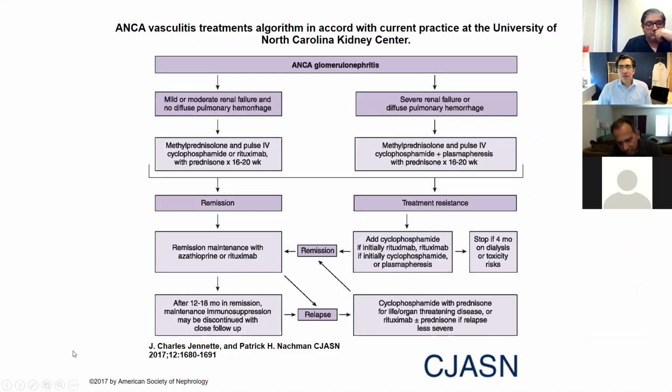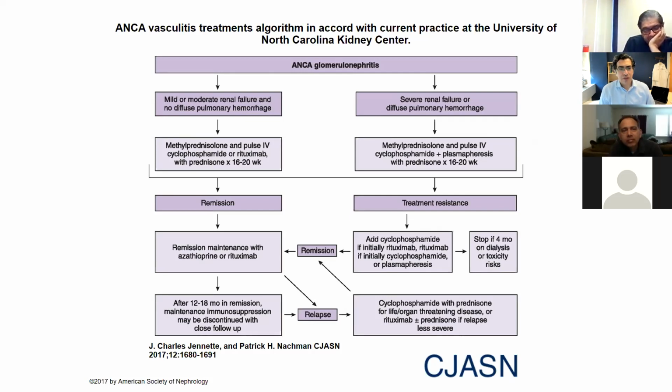Okay, so this was one of the, and I think I have 2 or 3 slides left. This was the ANCA algorithm by UNC in 2017. And I think on the left-hand side, they say their approach was mild or moderate kidney failure without pulmonary alveolar hemorrhage.